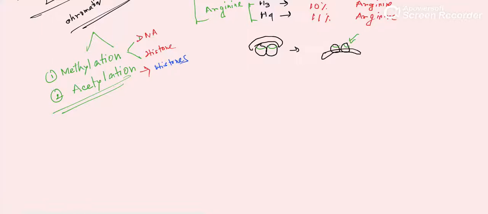Now we are going to tell you one thing: there are almost 3 billion base pairs in a typical mammalian genome.